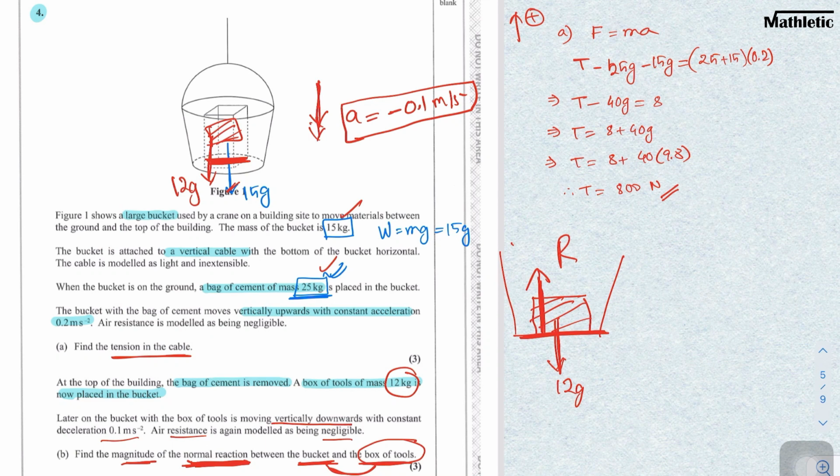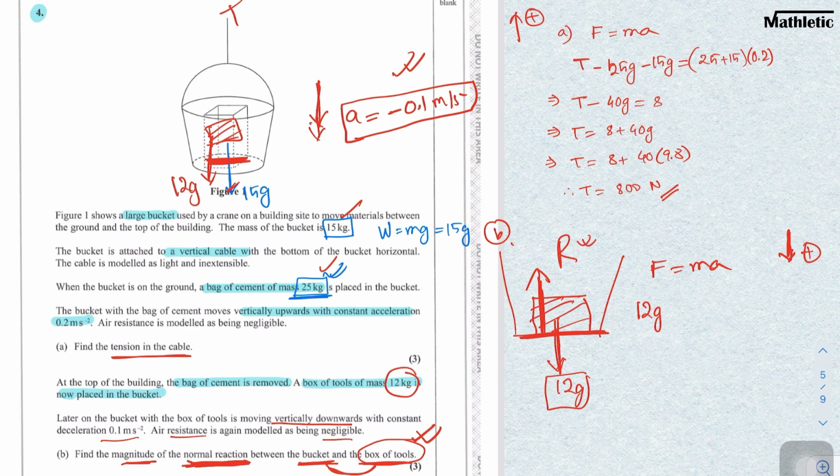We do not need to consider the tension or the weight of the bucket because I'm using the free body diagram of the box of tools only. So considering this box only, we can use the formula F equals ma. It's moving downward with an acceleration of minus 0.1. Since it is moving downward, I will select downward as my positive direction. It's easier if you always select the direction of motion as your positive direction. So we have weight, which will be positive because it's downward.